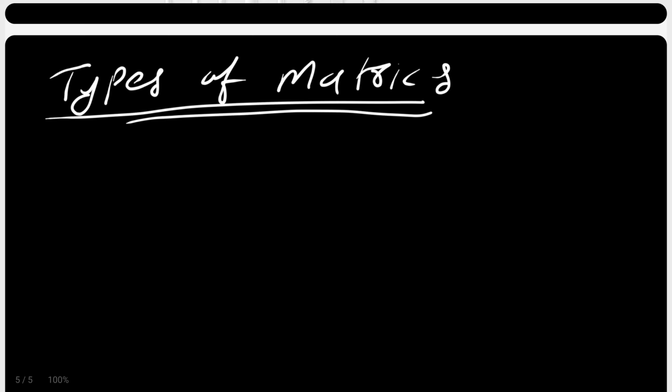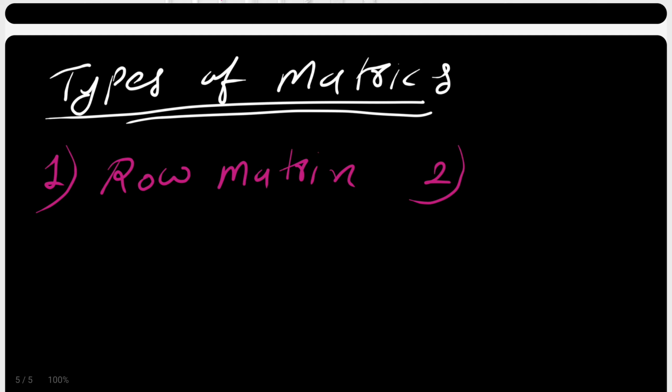The first matrix is this row matrix, and the second is this column matrix. I write here 2 sides only so you will understand better in front of you.